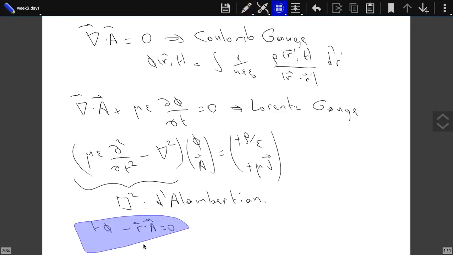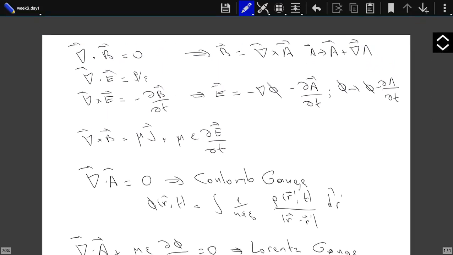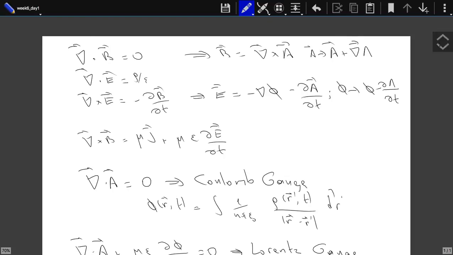The condition to choose is just arbitrary. The only thing is that you just need to make sure that given any phi and A, you can transform them to other phi and A's that satisfy the condition that you choose. If you cannot, that basically means that you cannot impose that condition.